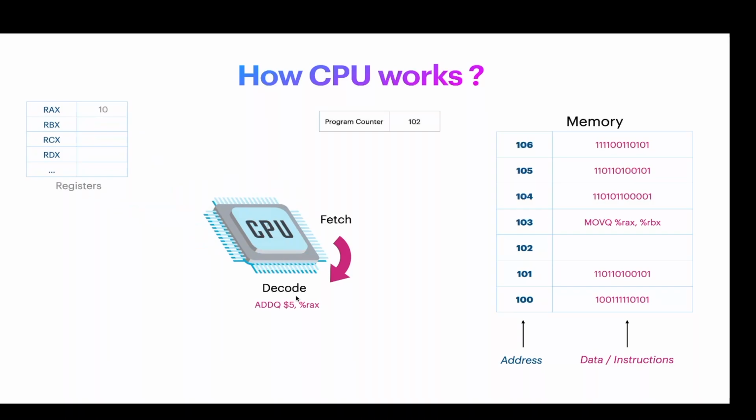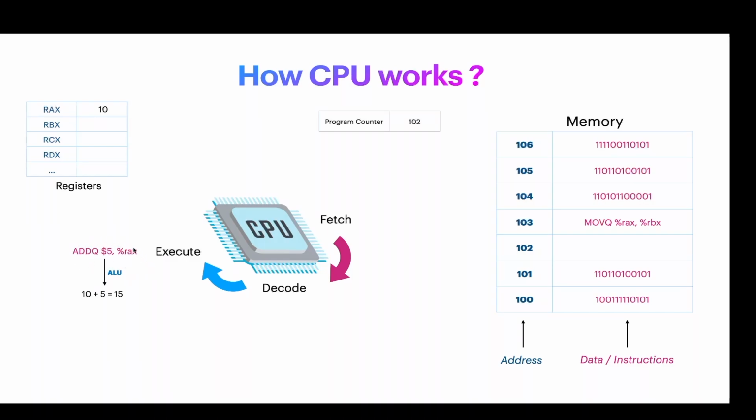The next phase after the decode phase is the execute phase. So let's assume that our AX register currently has number 10. As the CPU moves from decode to execute phase, the CPU instructs the ALU, which is the arithmetic and logic unit, to perform this addition operation.